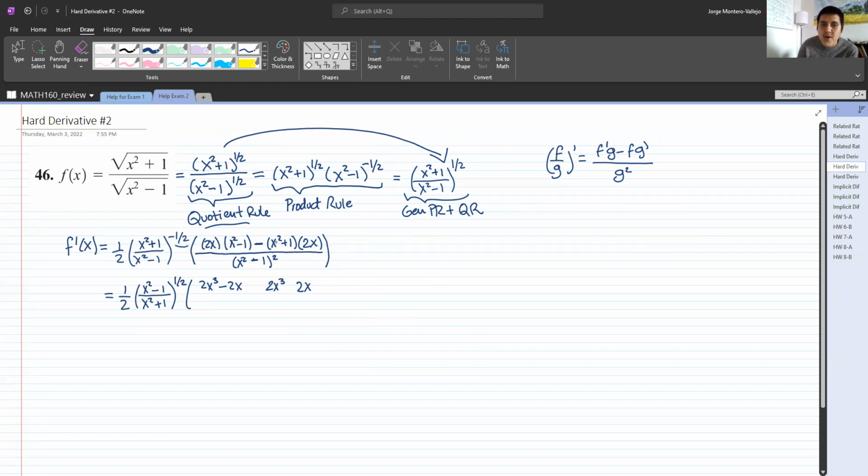And because everything that I got here had positive sign, they all will now turn negative. So I then do negative 2x cubed and negative 2x. Okay, and then I still am divided by x squared minus 1 squared.